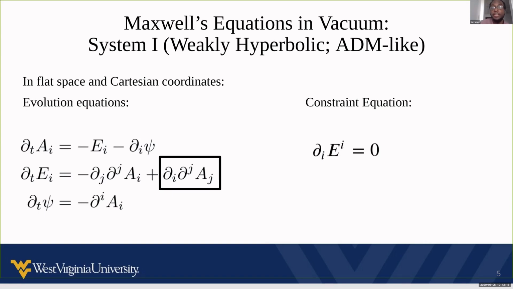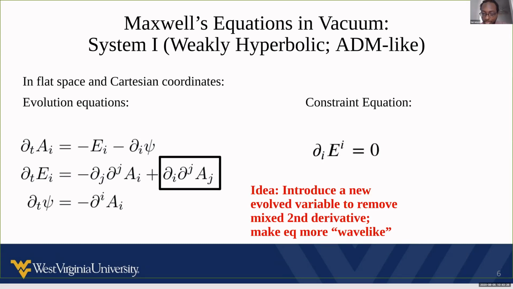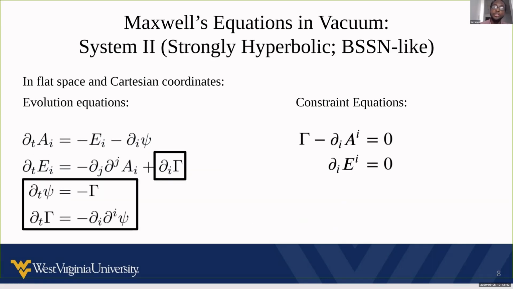To deal with that kind of error, we'd like to introduce a new evolution variable that can make the equations more wave-like. We call this variable gamma, and we define gamma as the divergence of the vector potential, and that leads us to system 2, which turns out to be strongly hyperbolic or BSSN-like.